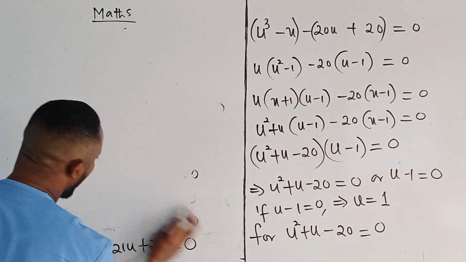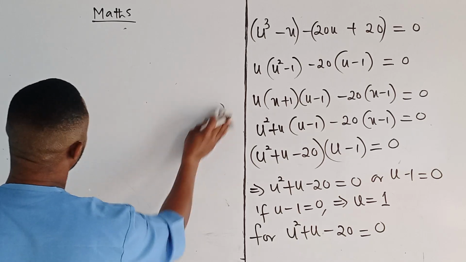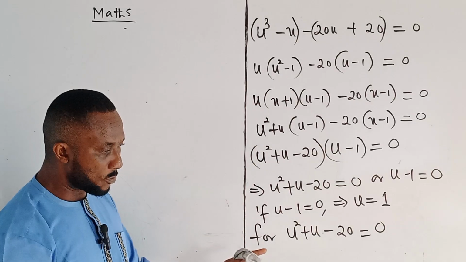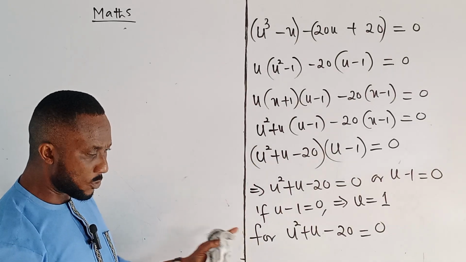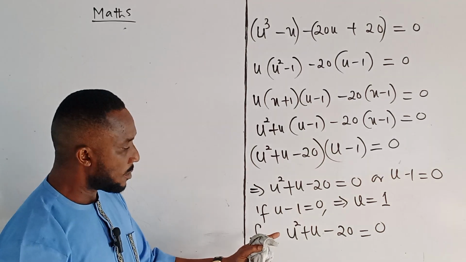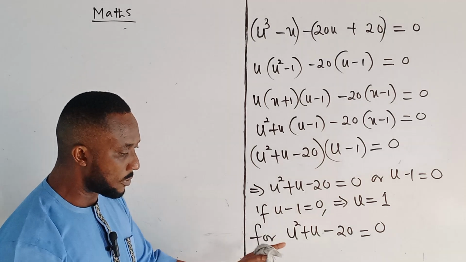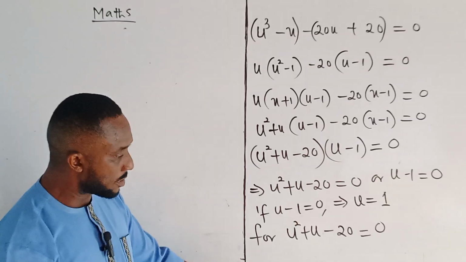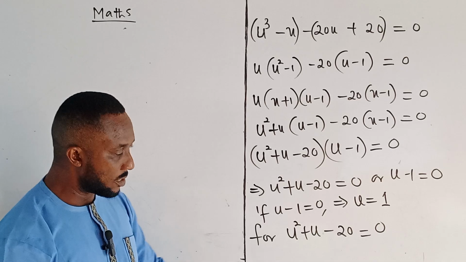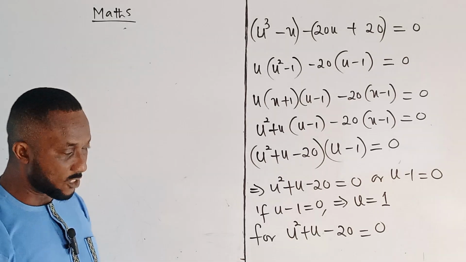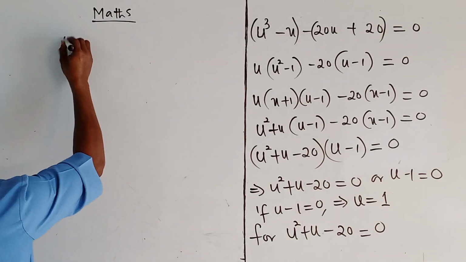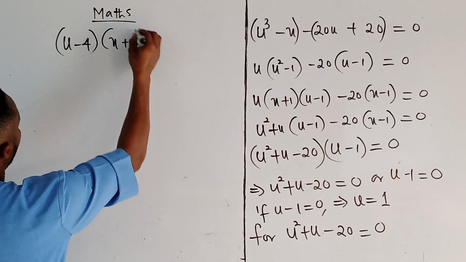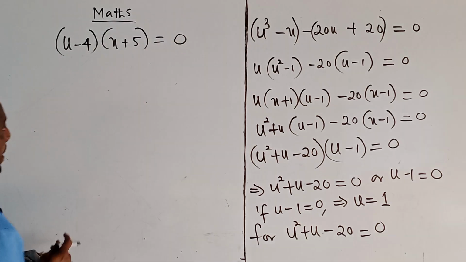Then we are home and dry. So like I said, 5 minus 4 is 1. So I'm going to be having negative 4 and positive 5. If I multiply negative 4 and 5, that will give me negative 20. If I add them together, it will give me 1. So I will write u minus 4, u plus 5 equal to 0.